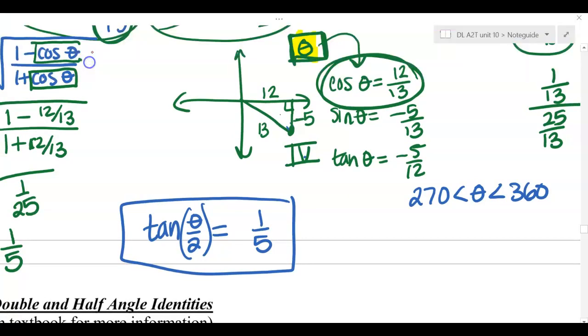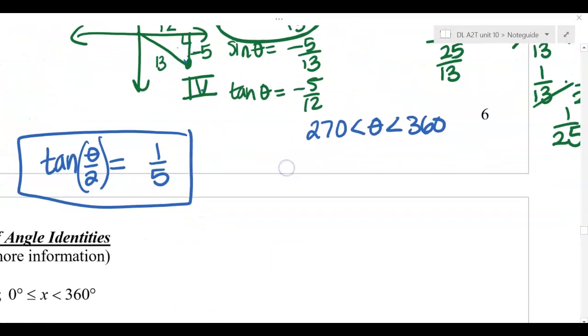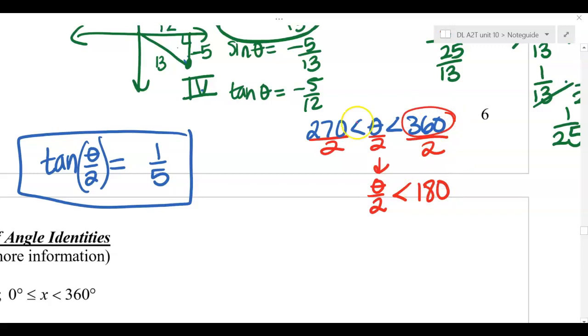If you know that an angle is between 270 and 360 and that angle gets cut in half, think about cutting in half the boundaries to see where your angle lies. When your angle is cut in half, the highest it can be is no longer 360. 360 cut in half would be 180, and 270 cut in half would be 135.